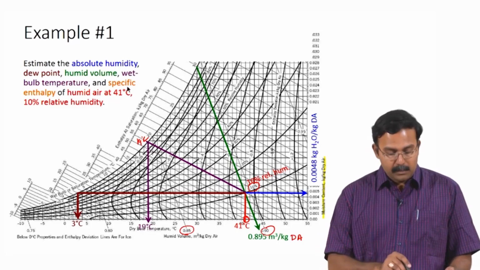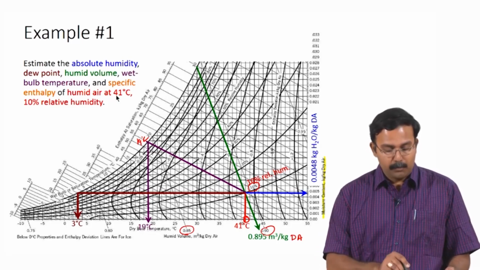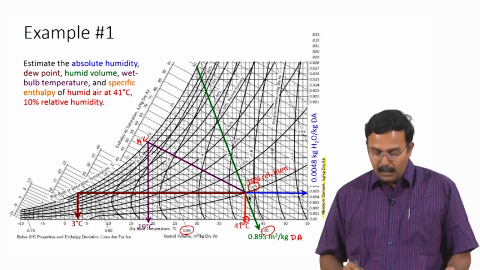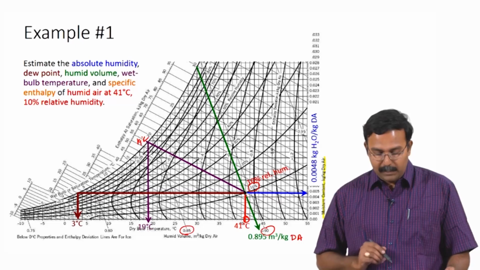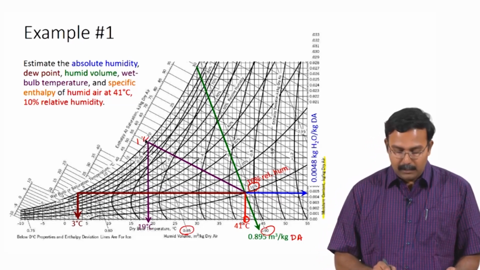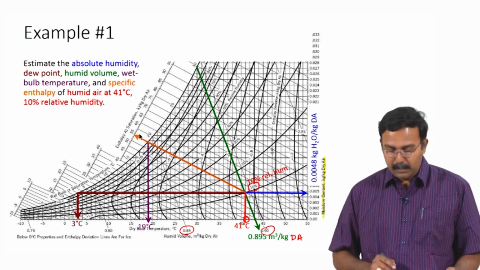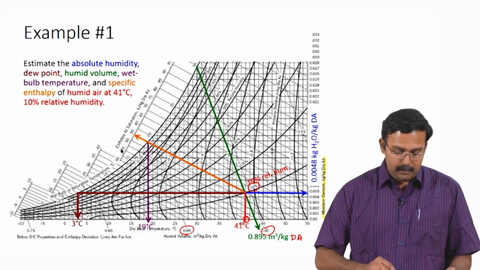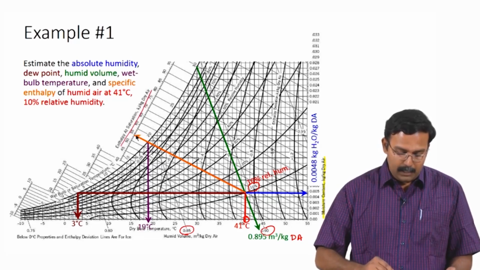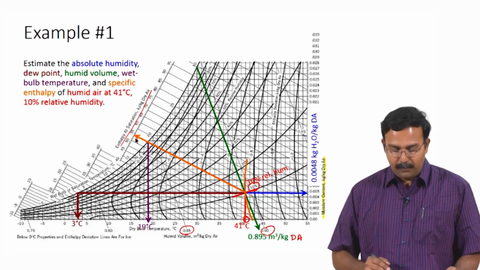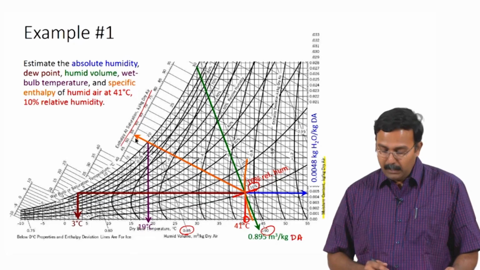The next aspect is to identify the specific enthalpy of humid air at 41 degrees Celsius and 10% relative humidity. Again, for identifying the specific enthalpy, we draw the same line we used for the wet bulb temperature and measure the value on the enthalpy axis at the saturation curve. This lies between 54 and 55, and has been identified as 54.2.